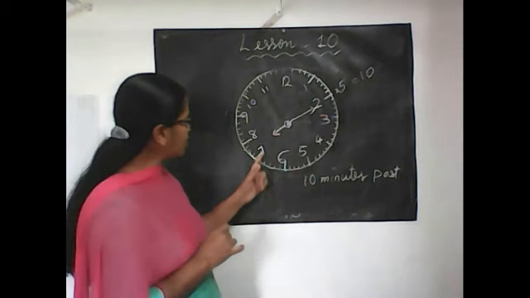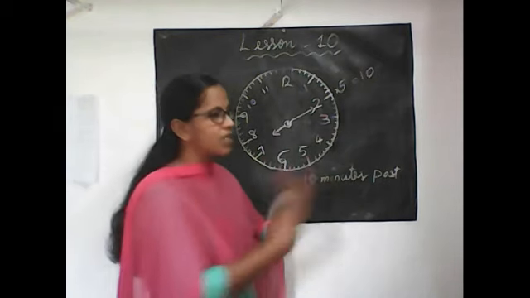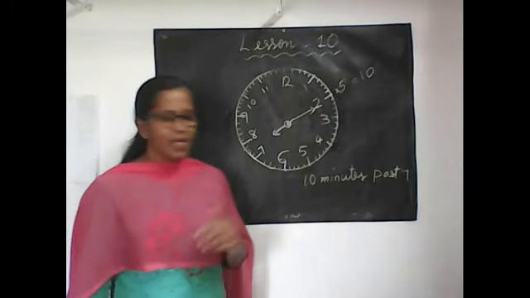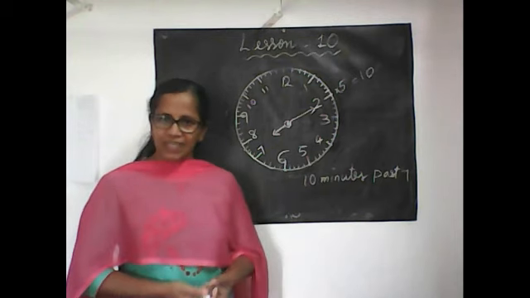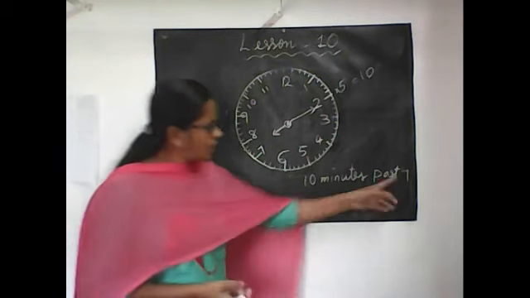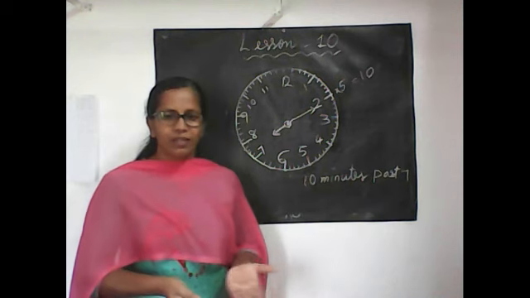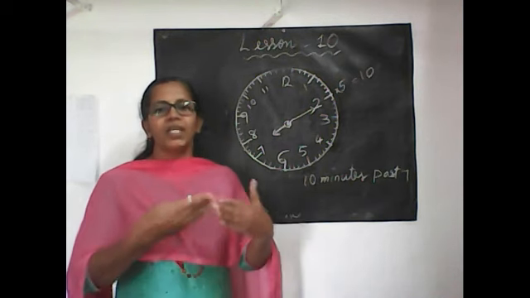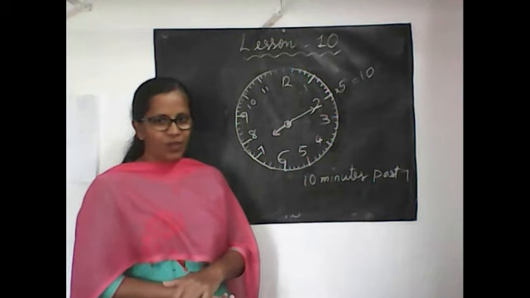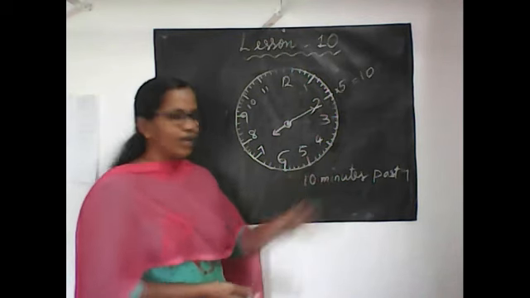It is 10 minutes past 7. That is the way you have to write. That means 7 o'clock is over. How much is over? 10 minutes. After 7 o'clock, 10 minutes is over. Okay, that is how we can say the time.